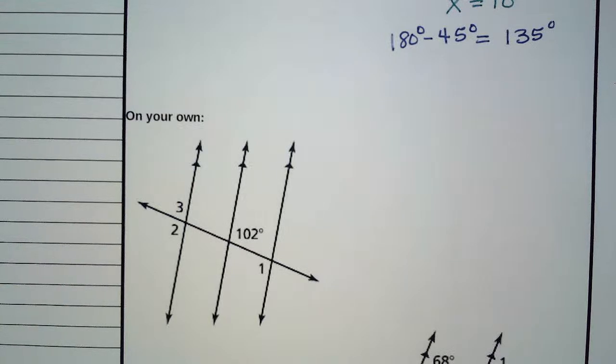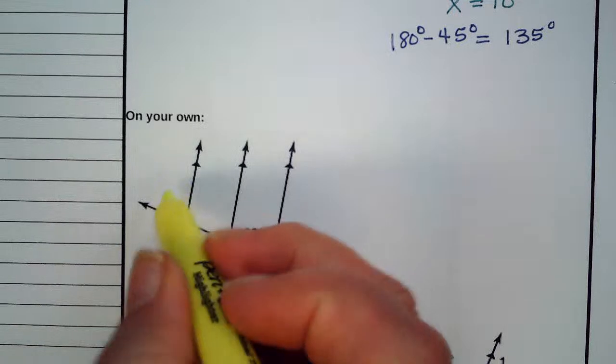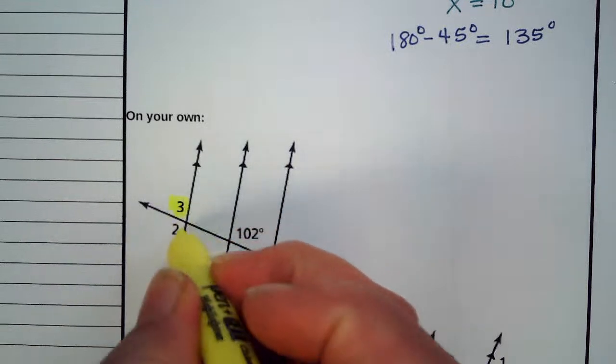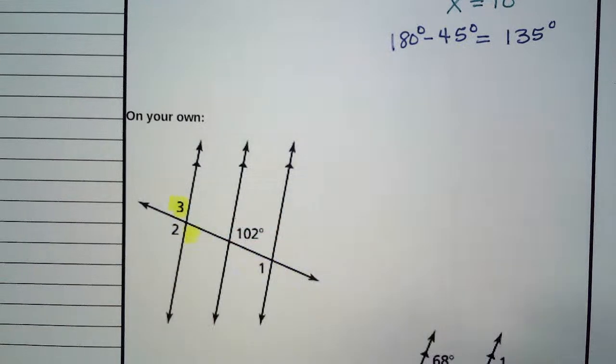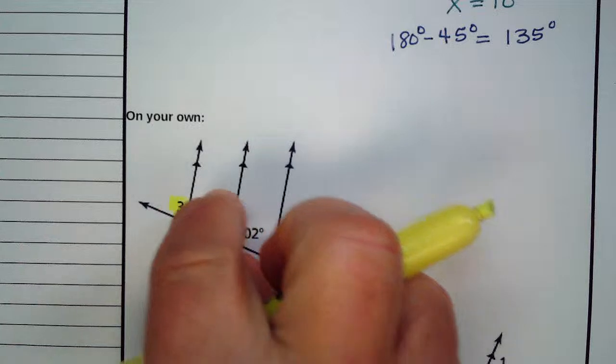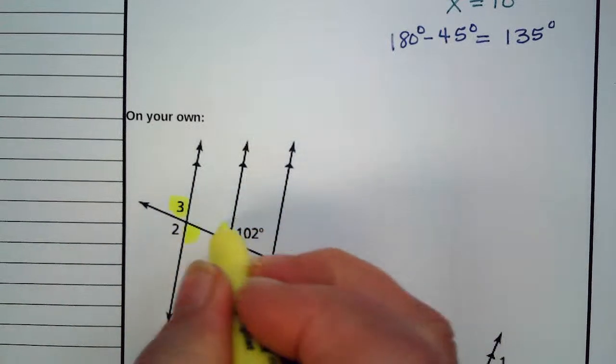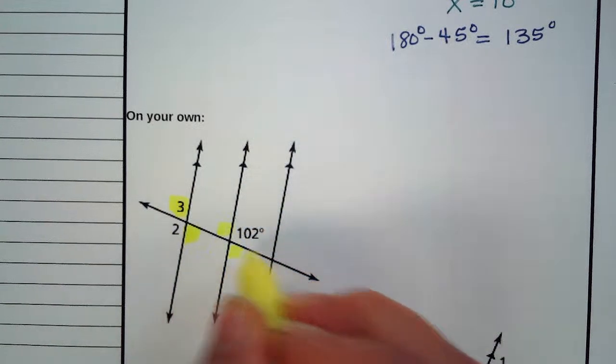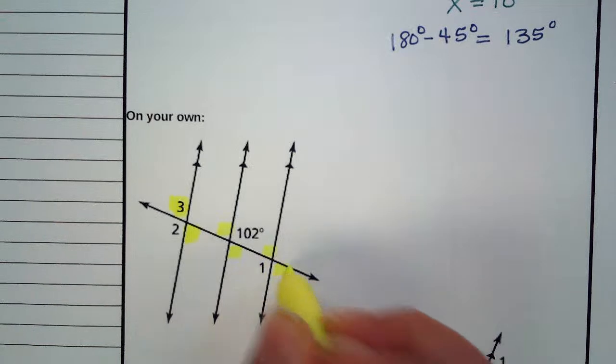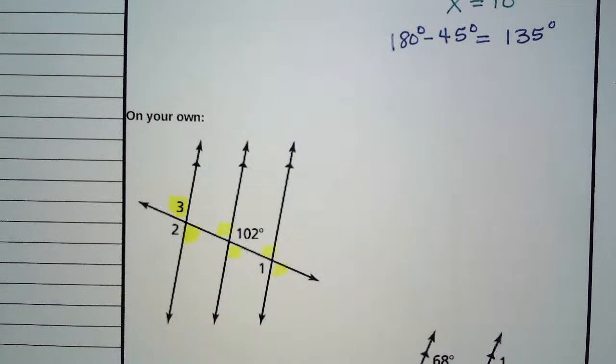Okay, if I want to start I'll start with 3. You've got vertical angles. If you notice, this pattern will fall onto all 3 of these. These are vertical, vertical, vertical. All those in yellow will be the same measure as angle 3.